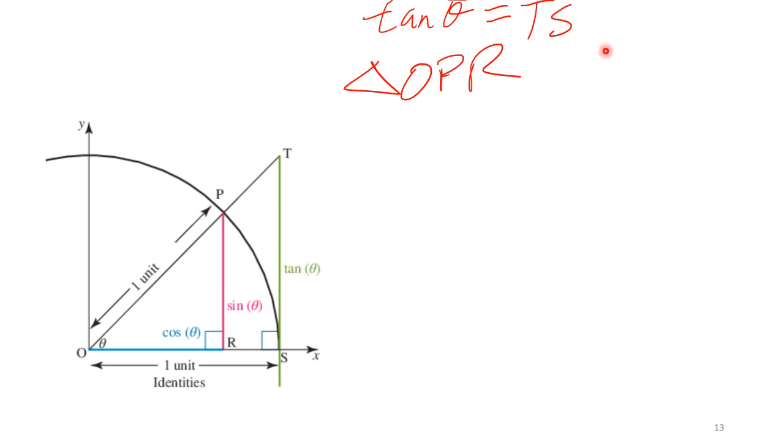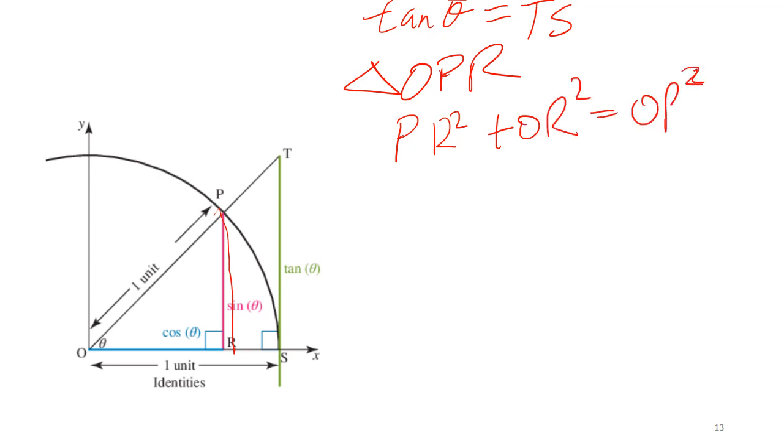Using Pythagoras, we know PR square, this length, plus OR square equals OP square. It's just A square plus B square equals C square.